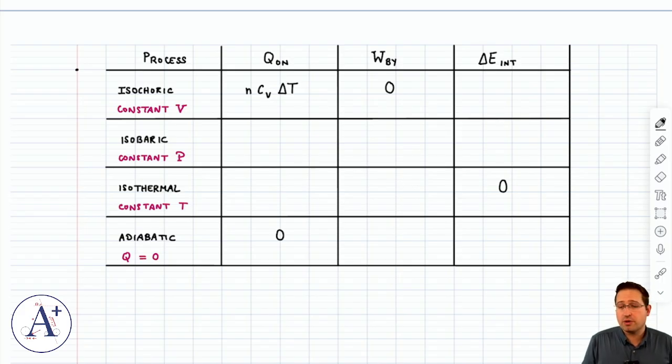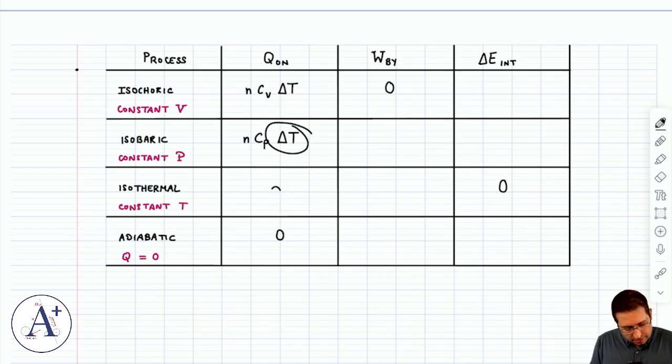Isobaric, similar, constant pressure. I'm going to use specific heat at constant pressure, so I'm going to have N CP delta T instead. This is where it gets tricky. Constant temperature, you're like, oh, delta T is 0, so this is 0. And then I have to hunt you down and find you. So constant temperature tells you that delta E internal is 0.